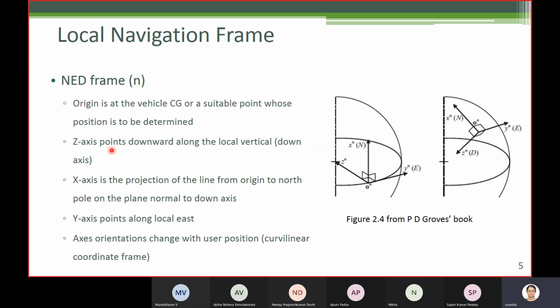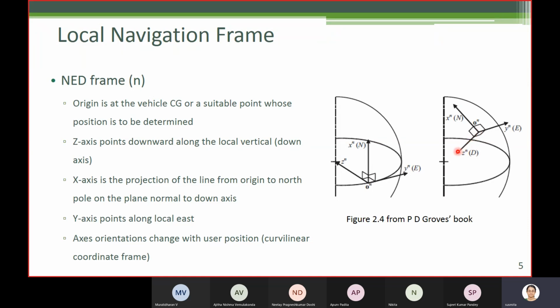Now the z-axis points downward along the local vertical. We defined local vertical on the previous slide. So let's pick this location. So the origin is here, and the z-axis points along the local vertical.